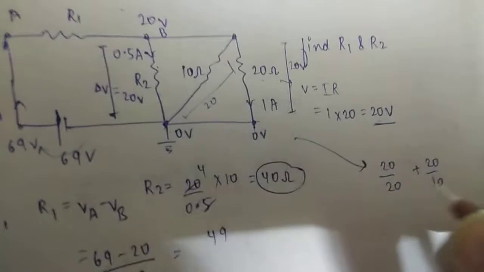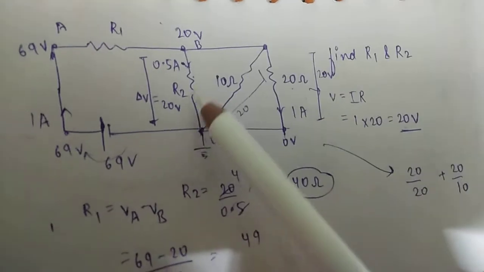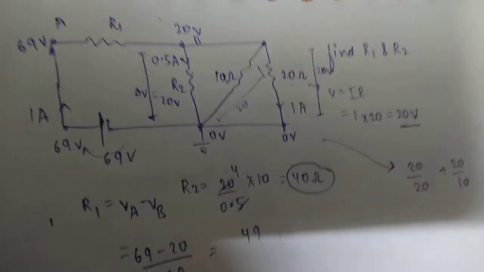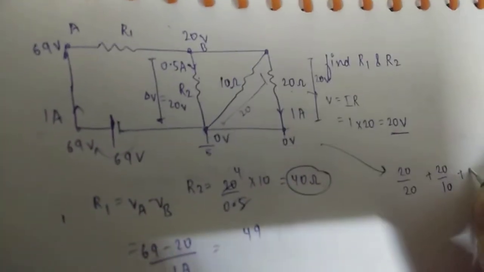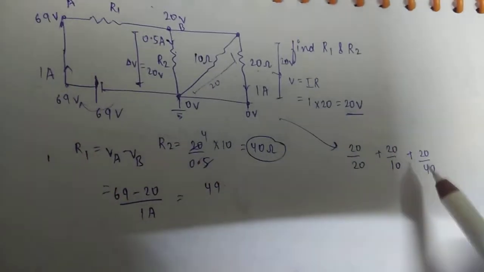It is the current I am writing, and here also 20, and the resistance I found here is 40, so it will be 20 by 40. Okay, so I found the current from here.